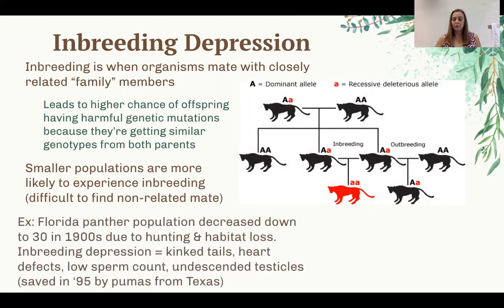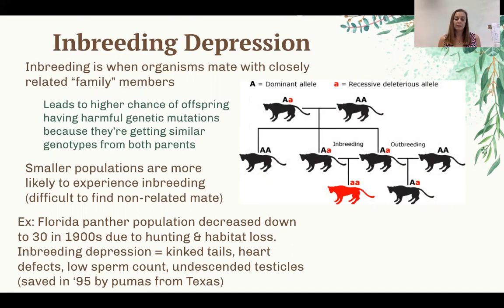So as an example, the Florida panther population decreased in the 1900s down to about 30 individuals because of hunting and because of habitat loss. The inbreeding depression from that population going all the way down to only 30 individuals led to some characteristics in the Florida panthers that had been previously recessive and unexpressed.